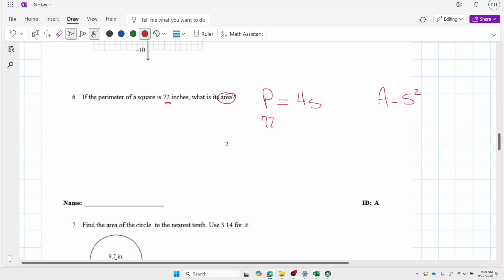So 72 equals 4 times one of the sides. If you divide each side by 4, you can solve for S. And 72 divided by 4 is 18, is equal to a side length.